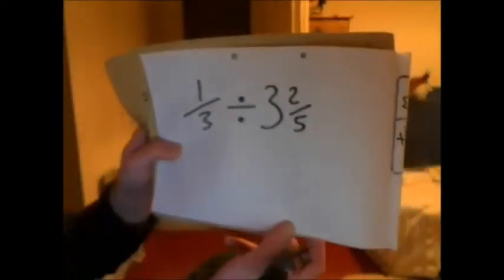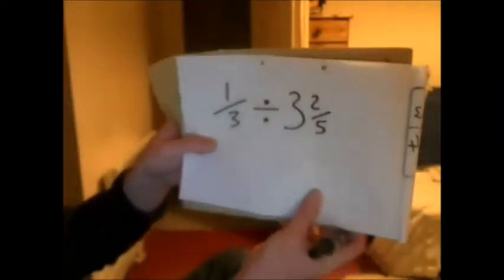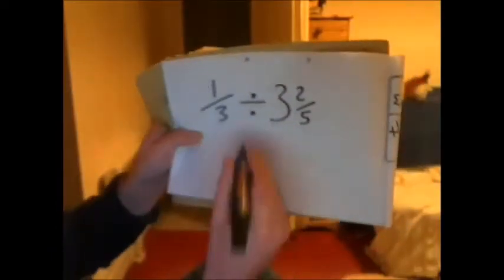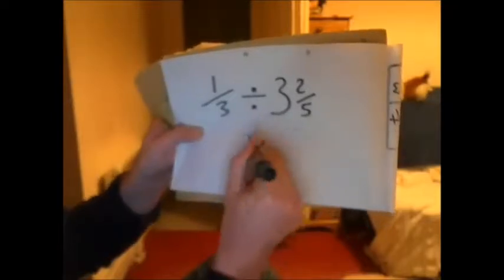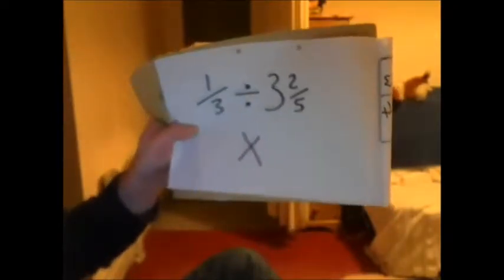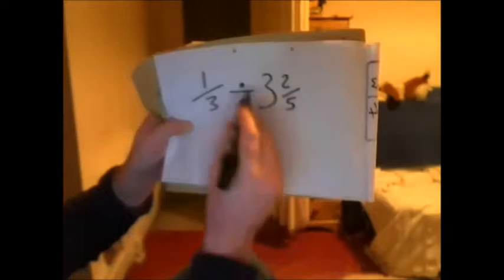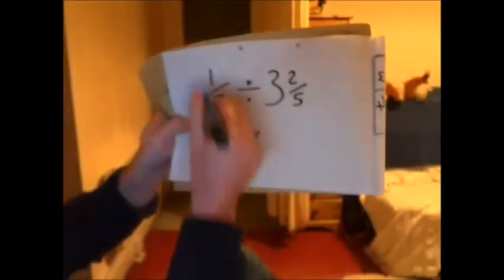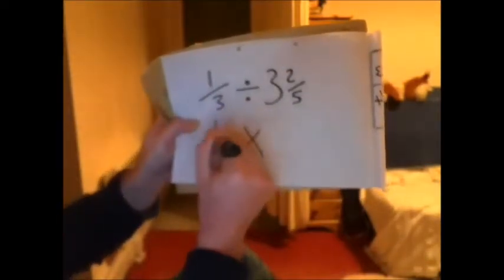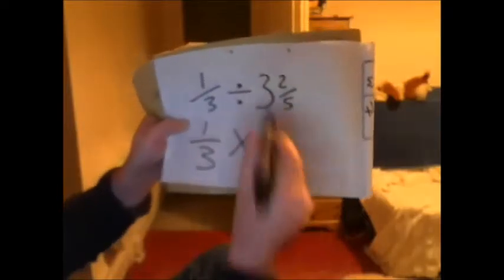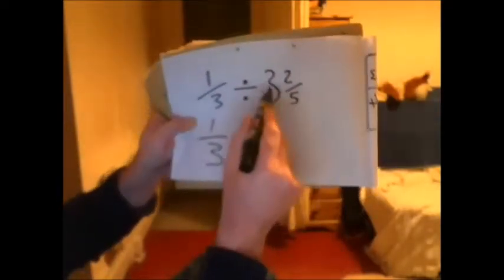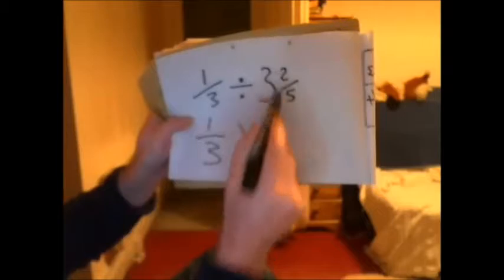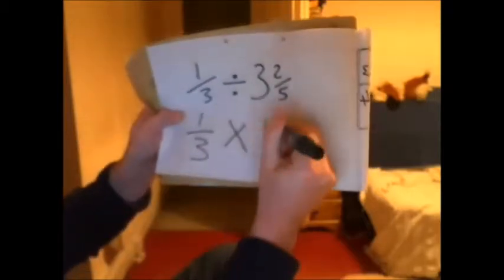One third divided by 3 and 2/5. So straight away we can do that, because we're really multiplying, aren't we? Once we've sorted this out, right, we know that's fine. Third is fine, but this isn't. So 5 times 3 is 15, plus 2 is 17.